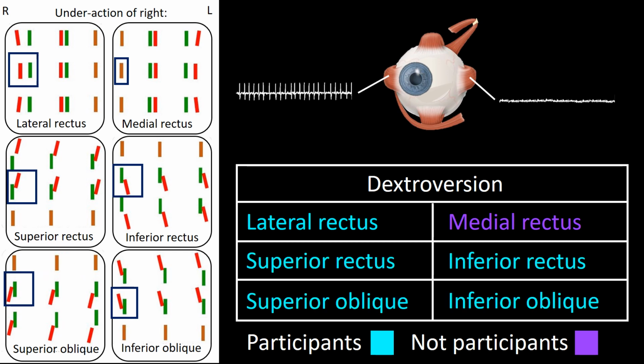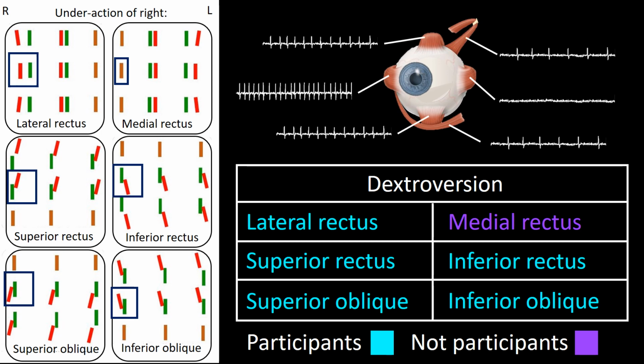Hence, the contribution of these four muscles to dextroversion has two characteristics. The first one is that their contribution is less than the contribution of the lateral rectus. And the second one is that the superior and inferior recti muscles contribute to right eye dextroversion more than the obliques, as you can see illustrated in this frame.